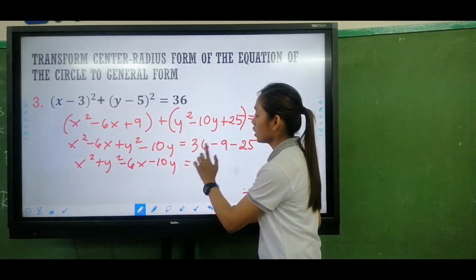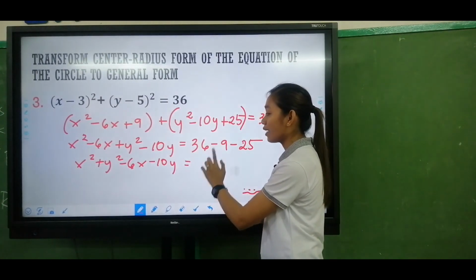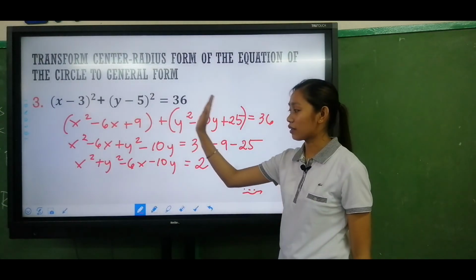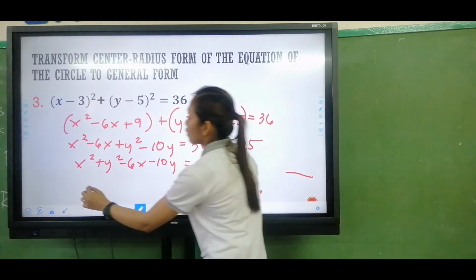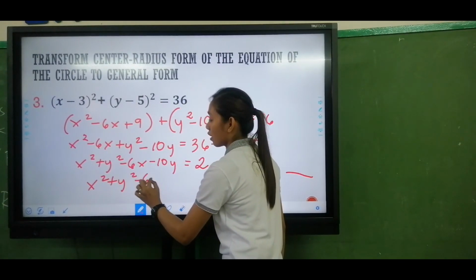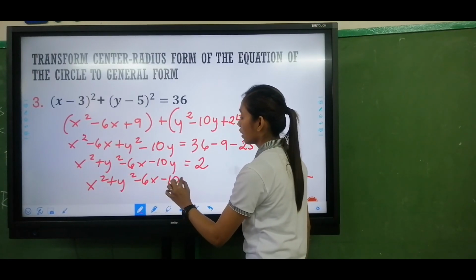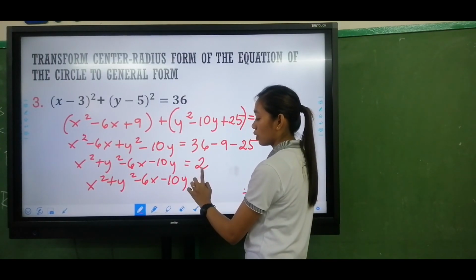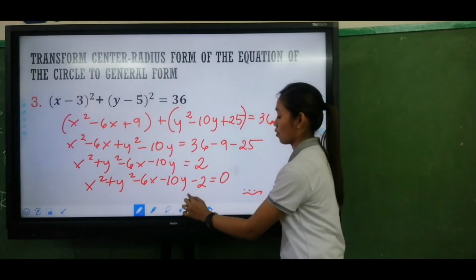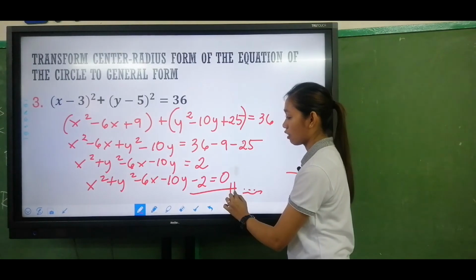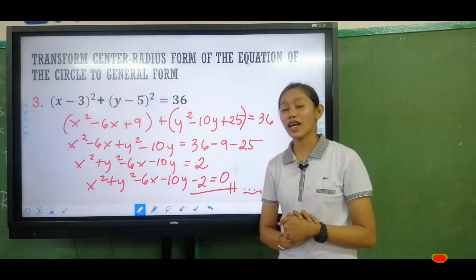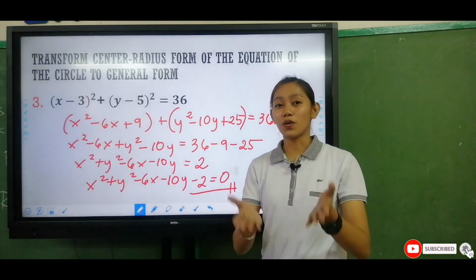So this will be 34. 36 minus 34, so this will be 2. Transpose natin sa left side si 2. So this will be x squared plus y squared minus 6x minus 10y, then that will be negative, so minus 2 equals to 0. Our general form of our equation of the circle is this. Hope you get it. Now, you can do your own learning task.